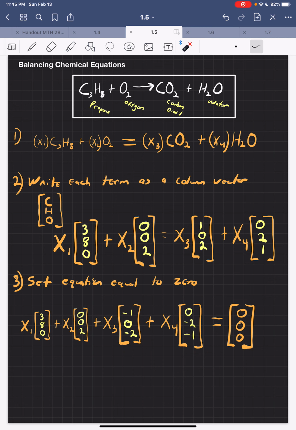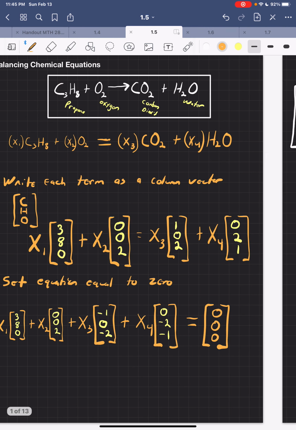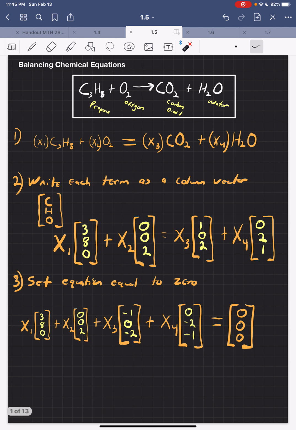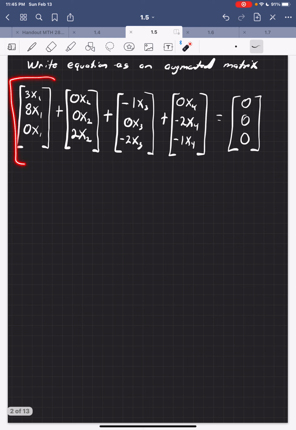I don't want to just jump to that really quickly because I've seen that it starts to look too gimmicky for students. So on the next page, I'm going to take a short step that you don't have to do on your test, but it helps explain the reasoning. You can imagine distributing this scalar, this weight, into each of these vectors. That's what I have here.